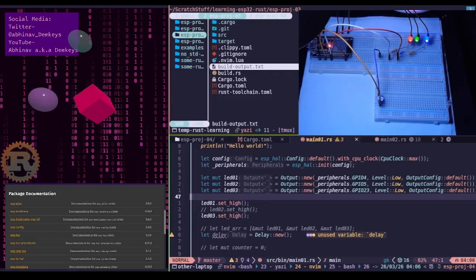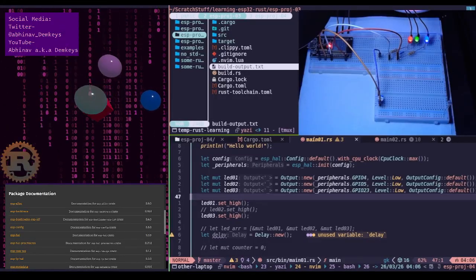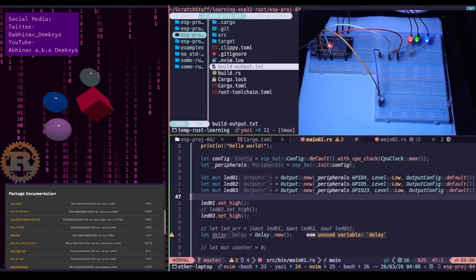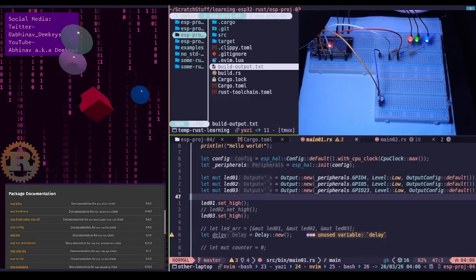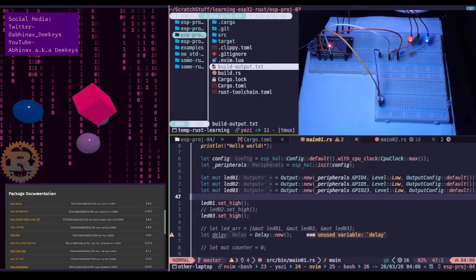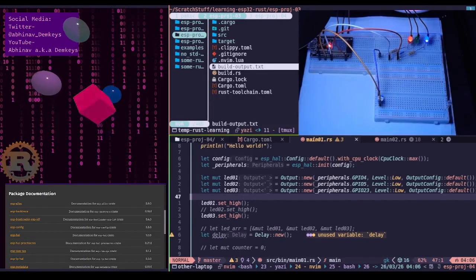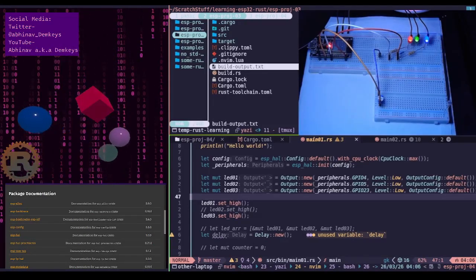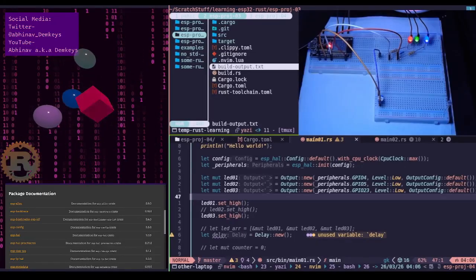No, light. Hold on. LDR resistor. Light dependent. Is that what I said? I think I said light dependent. So yeah, this is an LDR. It's a light dependent resistor.